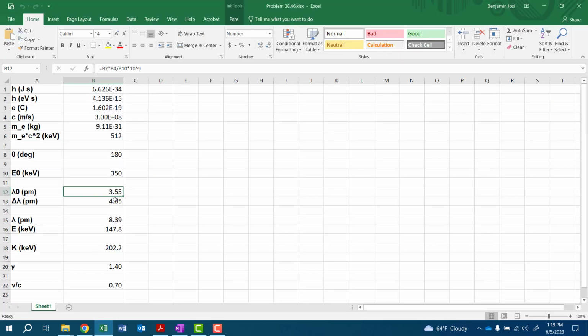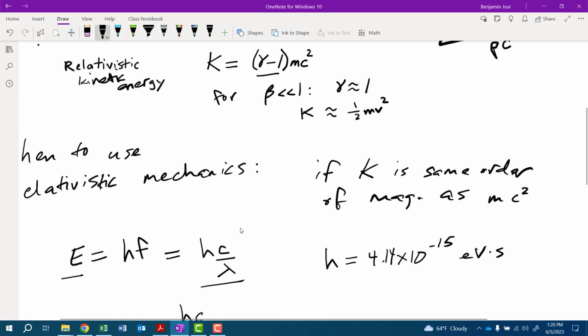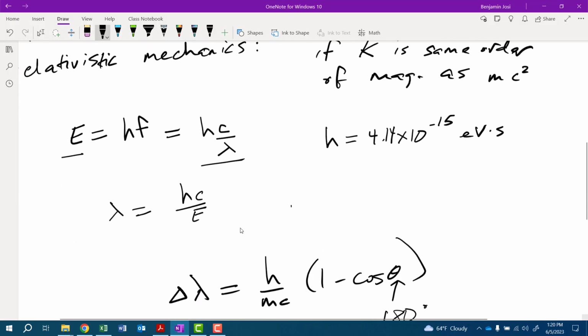I plugged all that stuff in here. If you take a look at the formula bar, I'm implementing the Compton scattering formula. So to find the final wavelength, we merely add the initial wavelength of 3.5 picometers to the shift in wavelength. So a little over 8 picometers is the final wavelength, and then you just go back once again to this formula, but this time solve for the energy. hc over lambda.